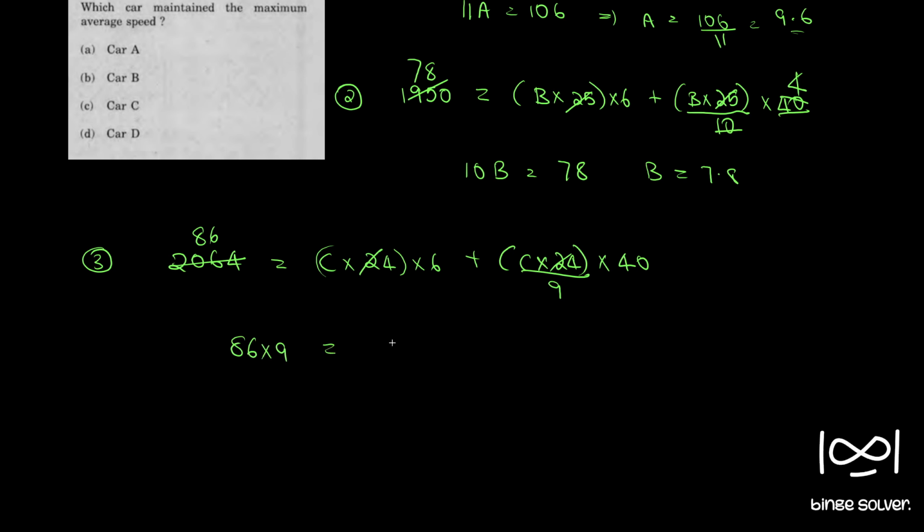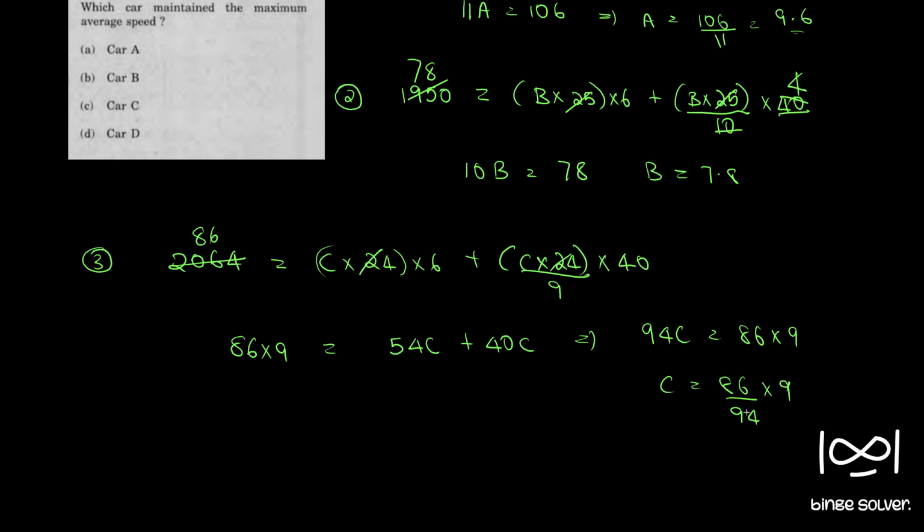So 54c plus 40c, this becomes 94c is equal to 86 into 9. So c is equal to 86 by 94 into 9.